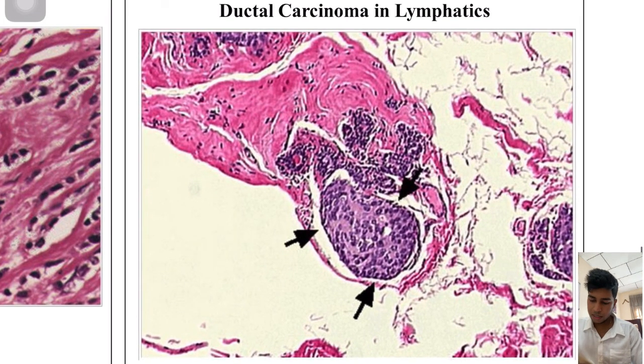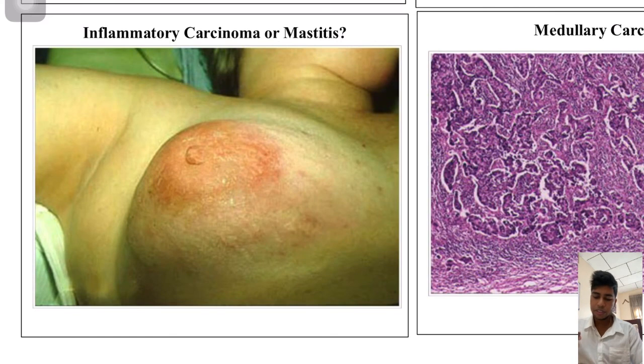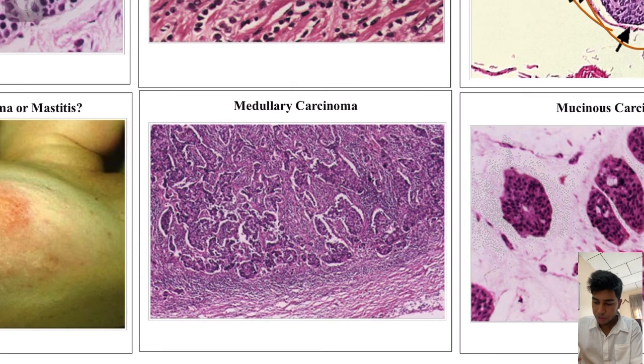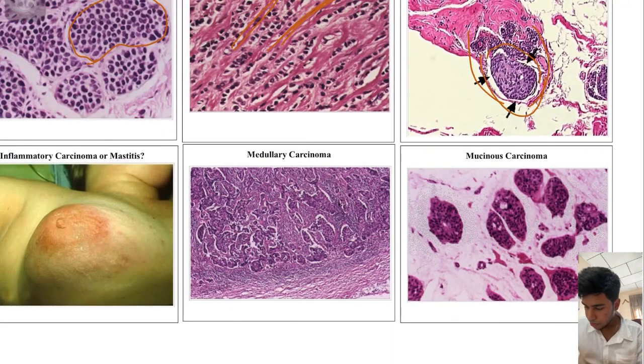Ductal carcinoma in lymphatics: this is a lymph vessel, and you have the carcinoma forming emboli. Here you need to differentiate between mastitis and inflammatory carcinoma. Inflammatory carcinoma is highly malignant. Okay, this is another type called medullary carcinoma. It's an invasive type carcinoma, sorry.